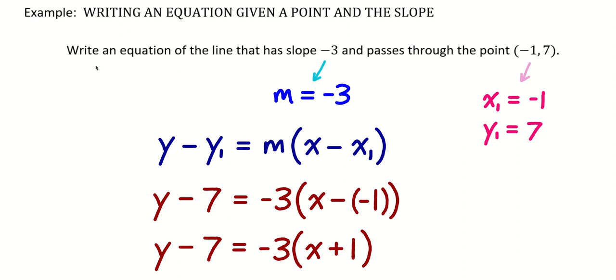They'd say, write the slope-intercept form of the equation of a line that has this as its slope and passes through that point. See, if they had been a little more specific about how they want the final answer to look, then we wouldn't be done. If they wanted slope-intercept form, that basically means you just want to solve for y. Because remember, slope-intercept form is y equals mx plus b.